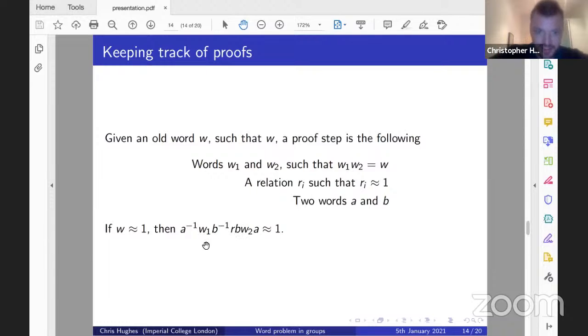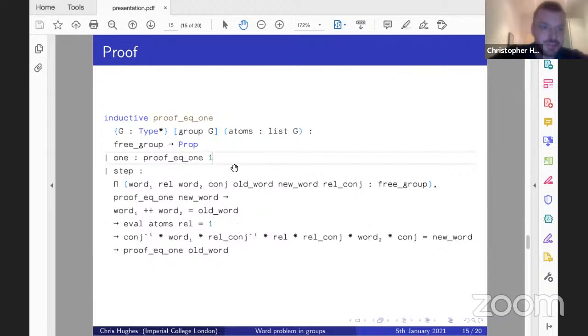Maybe I conjugate it, and maybe I conjugate the whole word, and then I know that this new word must also be equal to one. So the actual Lean proof is more or less just repeatedly applying this, constructing a term of this inductive proposition.